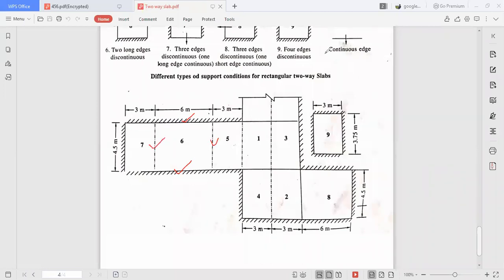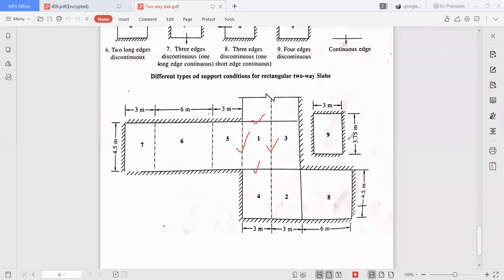Coming to the 5th panel, these two are discontinuous and these two are continuous. The 6th panel and 5th panel have the same condition. Now let us see the first panel. For the first panel, this is continuous, this is continuous, this is continuous, and this is also continuous. That means the first panel has continuous edges on all the sides.